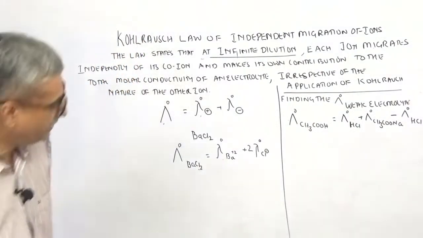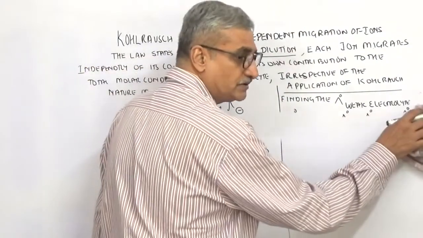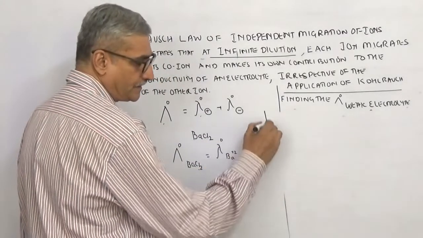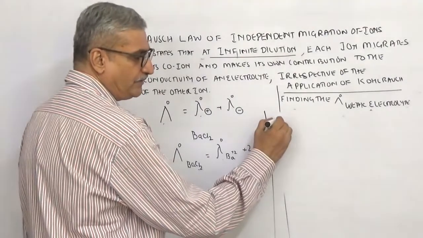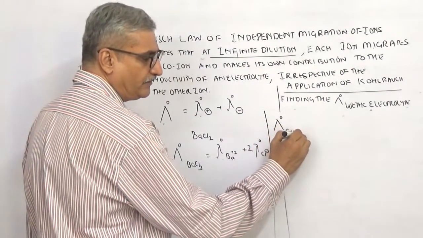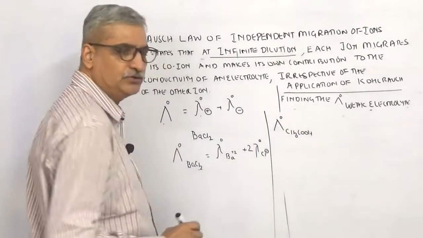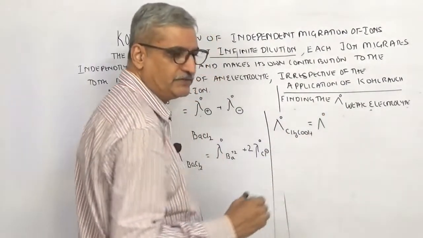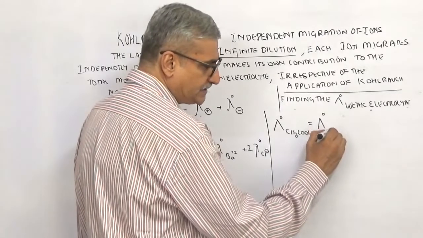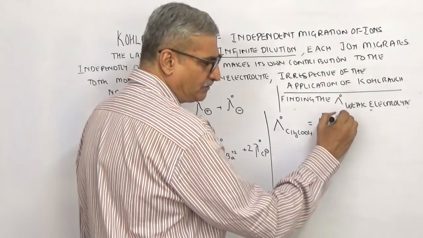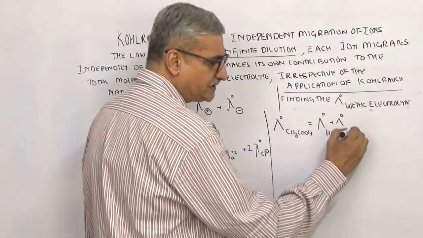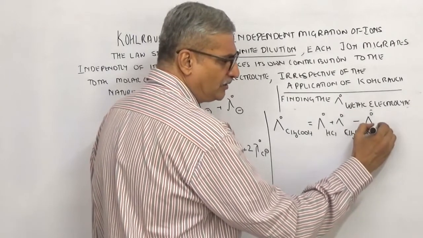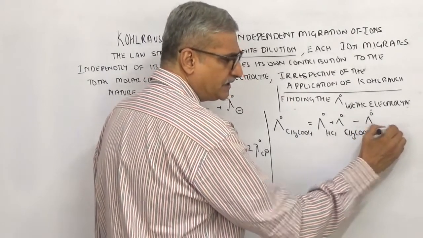I'll just write it over here because I'm not sure whether you are able to see that. This space is enough. Suppose I want to find out the molar conductivity of acetic acid. I can't do that directly. But what I can do is find out the molar conductivity of a strong electrolyte, that is HCl, plus I can add to that the value of sodium acetate, CH3COONa, and from that subtract the molar conductivity of NaCl.